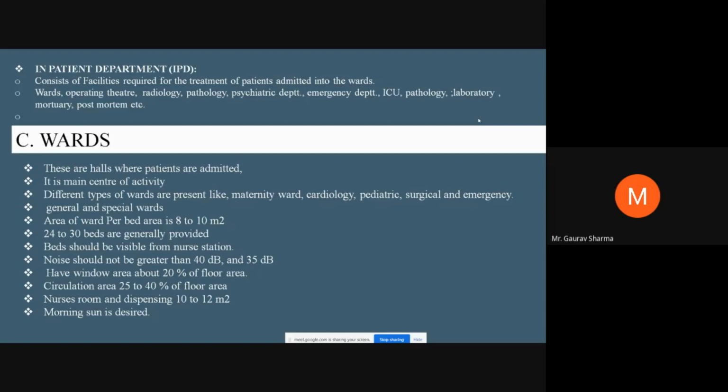Again, it should have proper opening space because we have to take care of the patients by their surroundings too. You can consider yourself sitting inside an enclosure for a long time, completely separated from the atmospheric conditions outside.